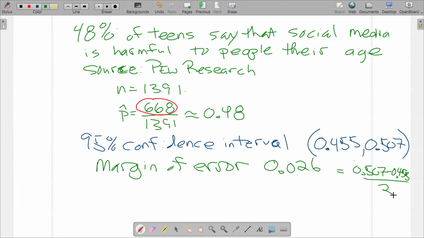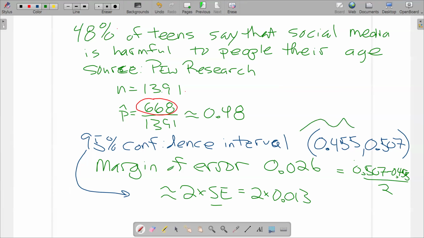Or we could do it with the standard error. Because I use 95%, the margin of error is approximately twice the standard error. And the StatKey screen said the standard error was 0.013. So we have two ways with StatKey to come up with the margin of error. We can either use the standard error, or we can have StatKey create the interval, and then do our arithmetic. We're just going to do that a couple more times with different samples after this to try and get used to that process.